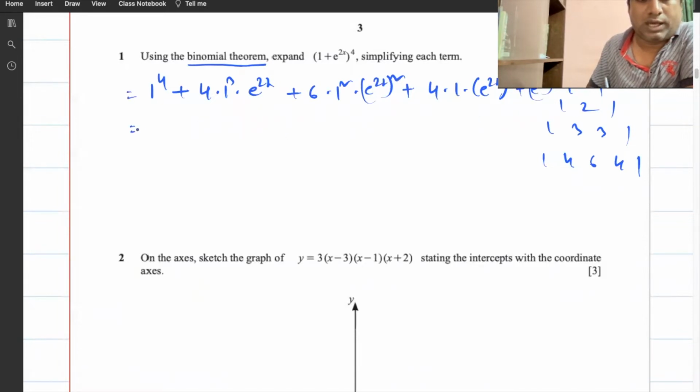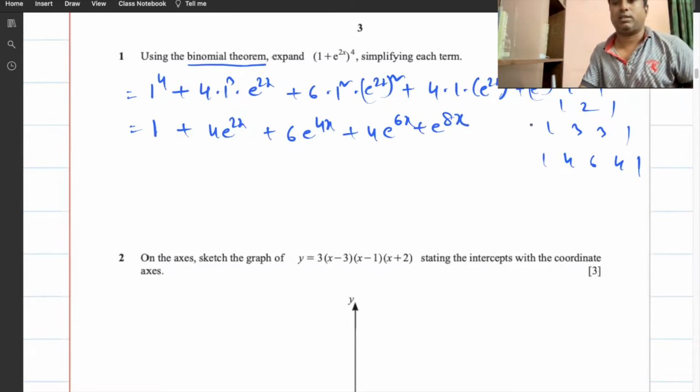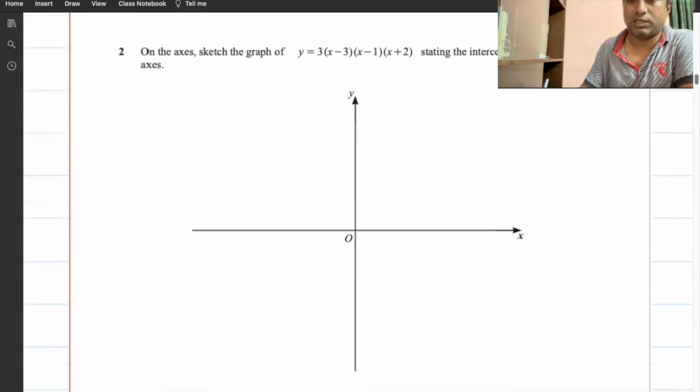So the answer will be 1 plus 4e^2x plus 6e^4x plus 4e^6x plus e^8x. The total is 2 marks, and if you are right, you get full marks there.